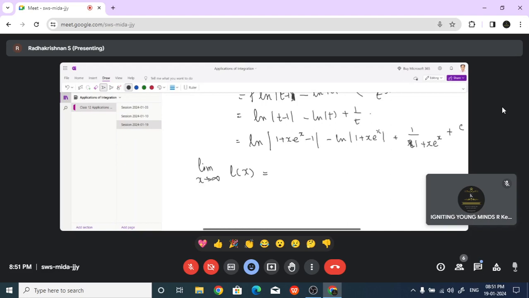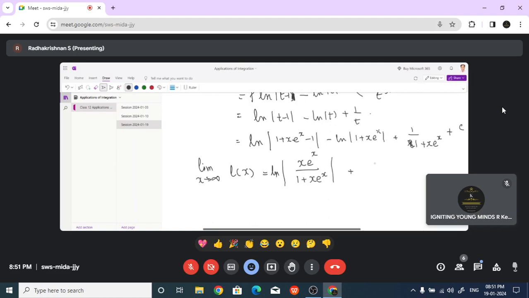We can put it as ln of x e power x divided by 1 plus x e power x, because log of a minus log of b is equal to log of a by b.